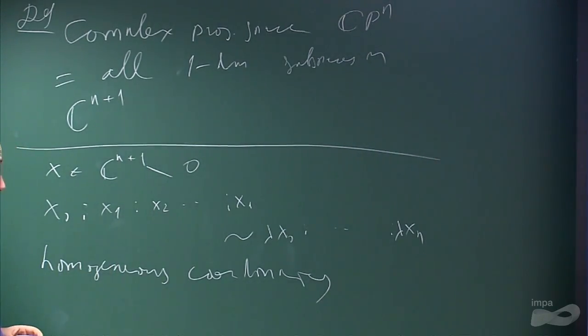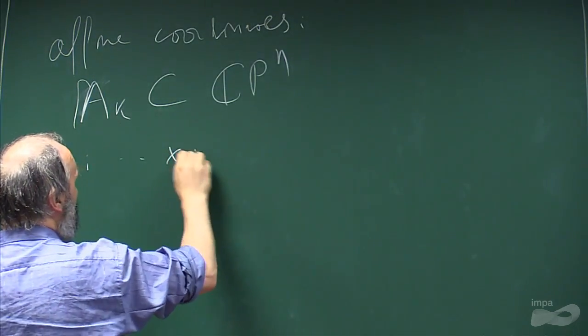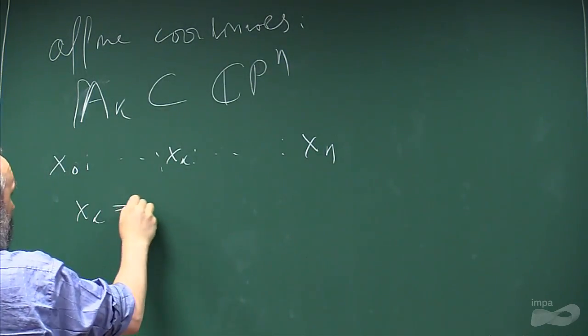And there are also affine coordinates. So you take a subset, let's call it A_k, inside CP^n, containing the points x0 : dot dot : xk : dot dot : xn, where xk is non-zero.